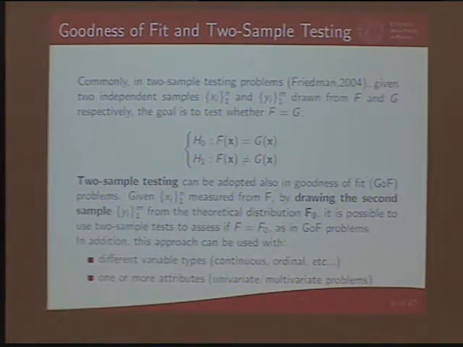So basically, what I'm going to show you is how to deal with testing for the equality of two distributions for any type of variable, so they can be continuous, ordinal, and we can also easily extend the univariate situation to multivariate situations.